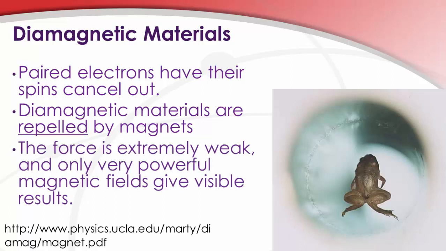This force is weak. You need a very powerful magnetic field to observe it. But if you go online and have a look at this link, you can see a live frog being levitated inside a very powerful magnetic field. So in fact, it is an observable force that we get from it.